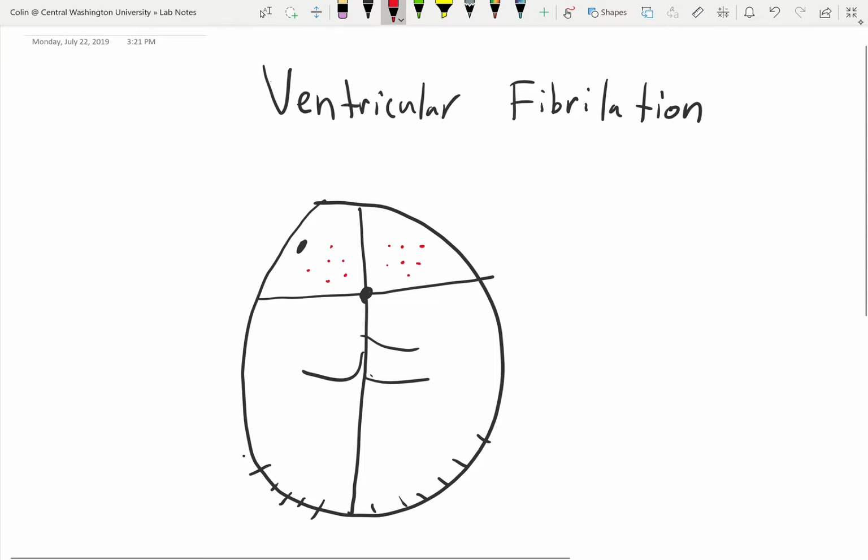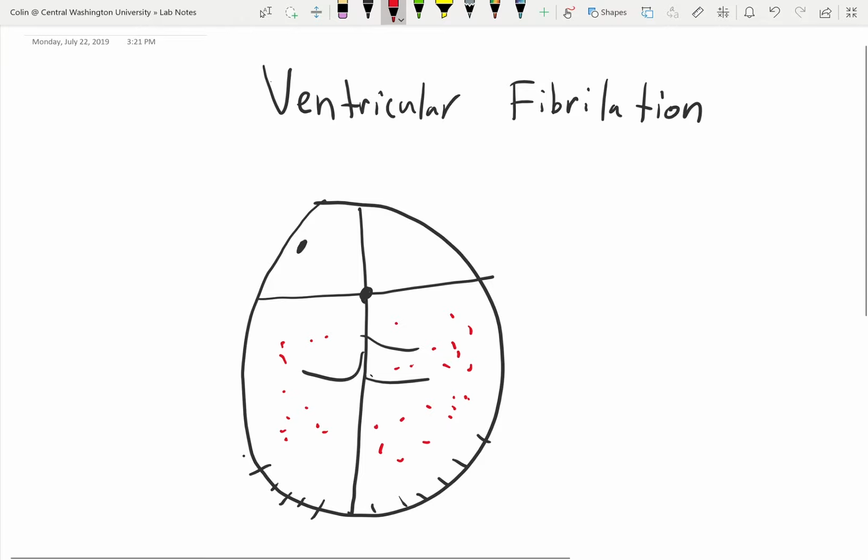But what happens in VFib is everything up top is working just fine, actually. The SA node's saying go, go, go. But again, just like in AFib, there's a million different reasons why you could be in VFib. So now, instead of all the little red dots in the atria, we've got all those little red dots all over the ventricle.